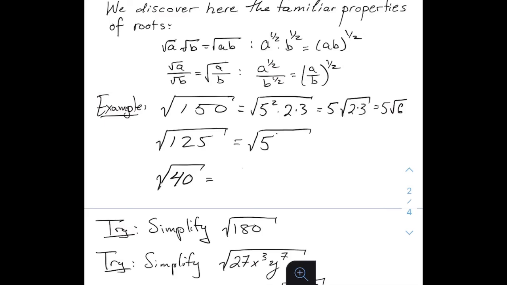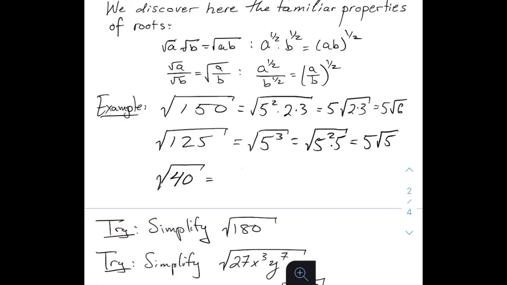This is just 5 cubed, which is equal to, I'm going to write this as 5 squared times 5. We peel off one of the 5's. The square root of 5 squared is 5. The other 5 is left under the radical.